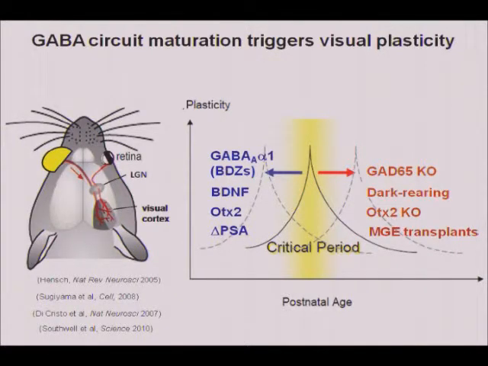An interesting recent study is this one here, published last year. Since inhibitory cell maturation seems to trigger the natural critical period, maybe you could do some kind of stem cell therapy. Could you take inhibitory cell precursors and inject those into the postnatal brain and recreate a second critical period? Well, that's exactly what they did here.